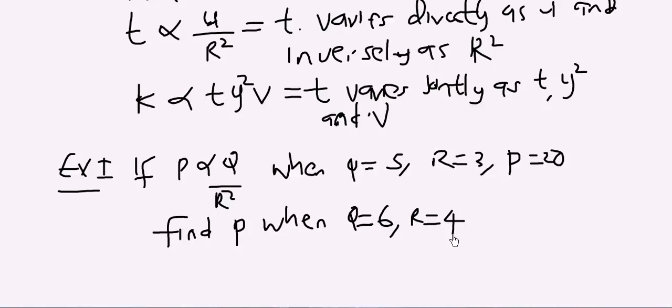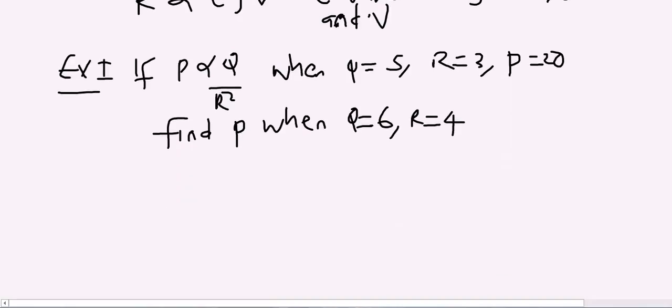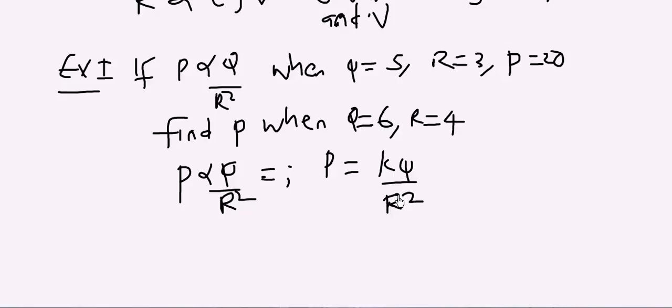So if we have this, the first thing to do is to find the relationship between the variables. So if p varies directly as q and inversely as r², I can write this as p is equal to kq over r², where k is the constant.